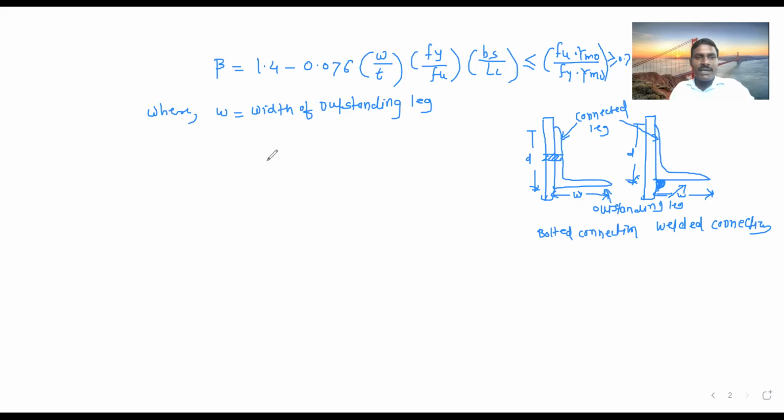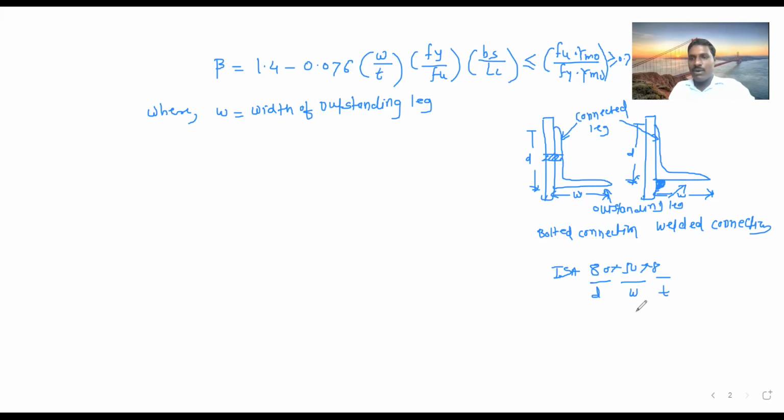Now any difficulty regarding this w? What is the meaning of w? w is the width of outstanding leg. Whichever leg is outstanding, that leg's width is the outstanding leg width. In IS steel table, suppose ISA 80 by 50 by 8. Here 80 is the depth, this is the width, and this is the thickness.